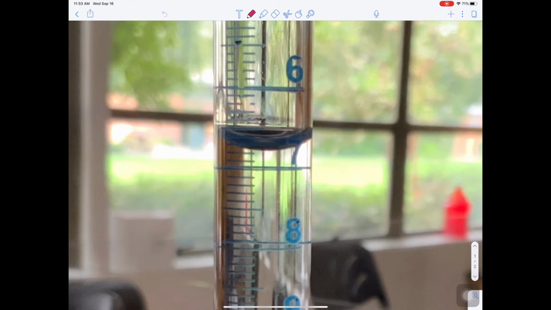When we're doing titrations, we're going to be reading the burette multiple times before and after each titration, and so it's very important to understand how to read the burette correctly. So this is a zoomed in picture of an initial reading for a titration. If we look at the numbers here, we see that this is a 6, and here's 7, and here's 8.